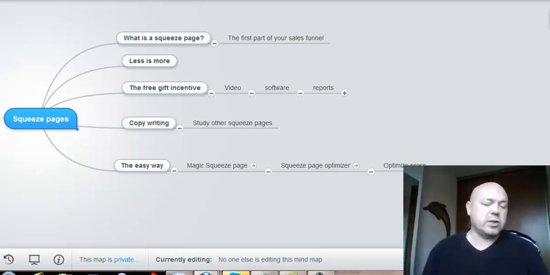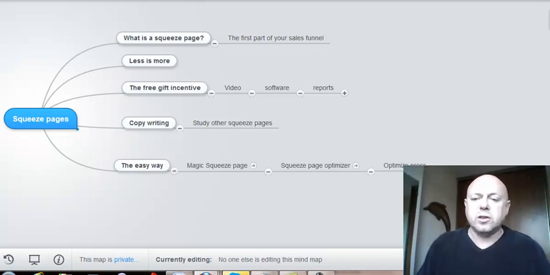Nowadays I can put one together in just a matter of minutes. So that's a very simple thing to use. I will never not use OptimizePress, but I do still use Magic Squeeze Page as well occasionally because they do look different, and sometimes I like it to look like that.